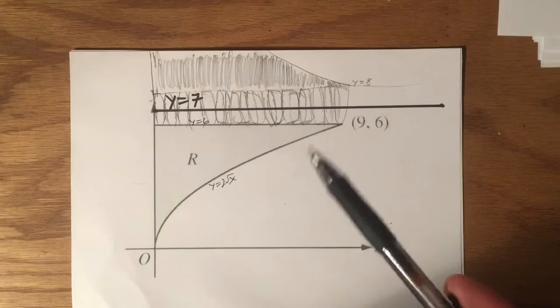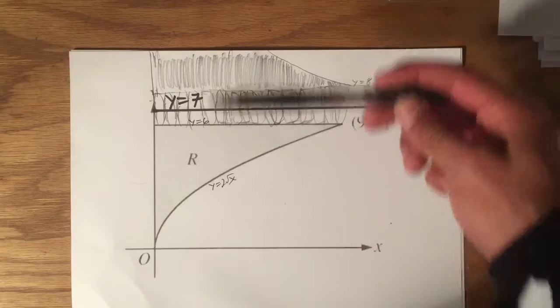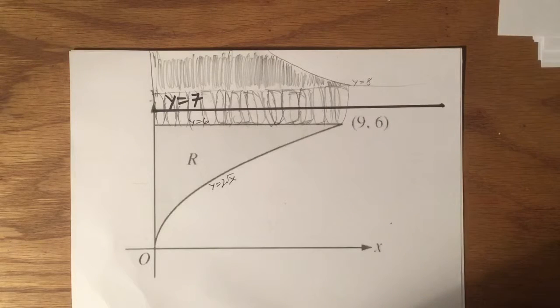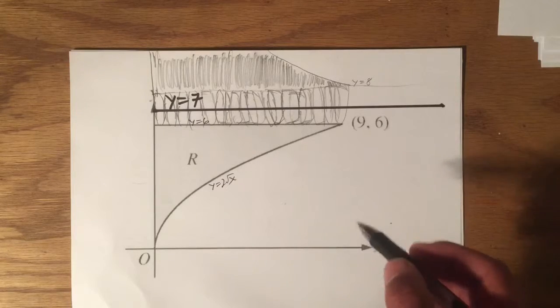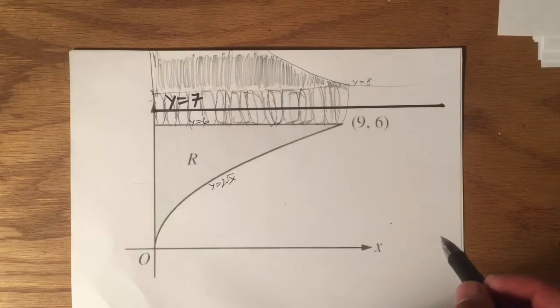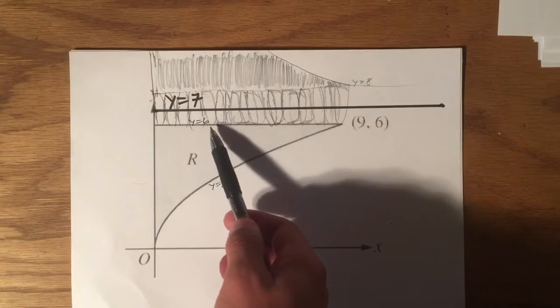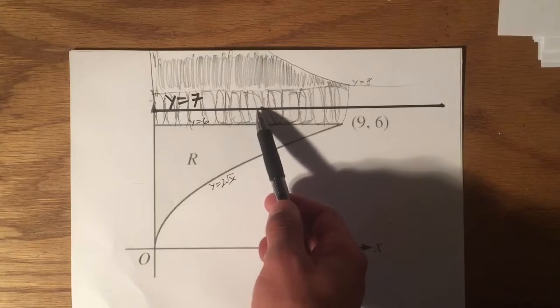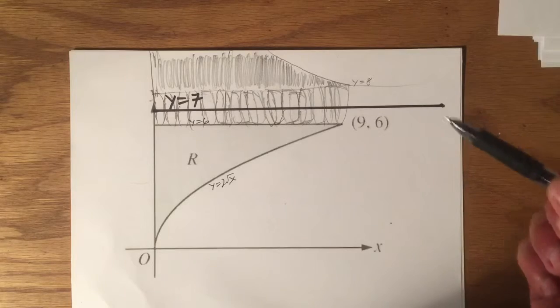So when we want to find the volume, what we have to do is we take the integral of the outer radius squared minus the inner radius squared. And the reason we have an inner radius is because the line y equals 6 is not the line in which it is rotating around.